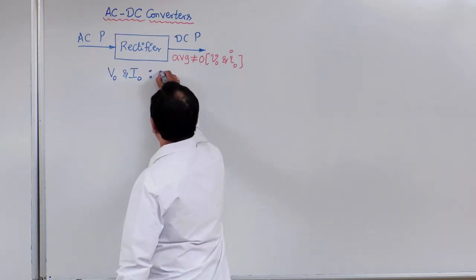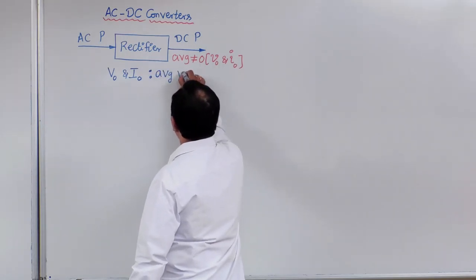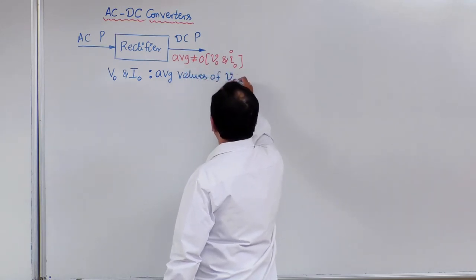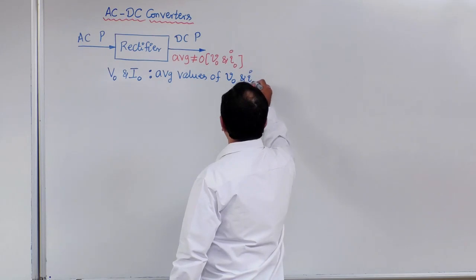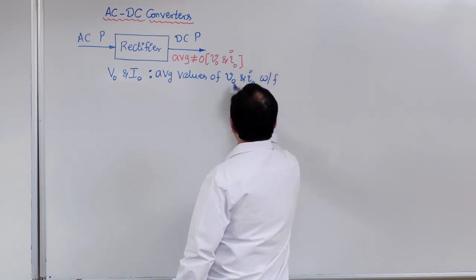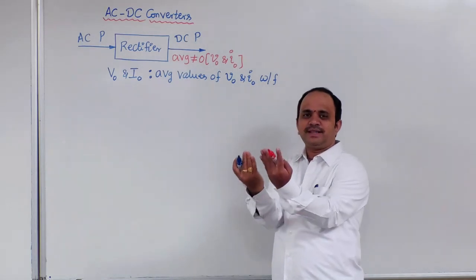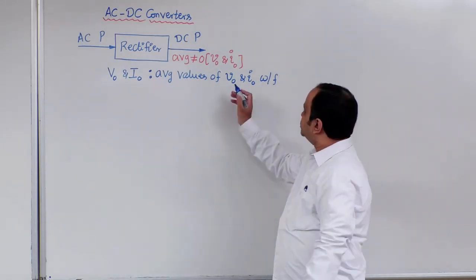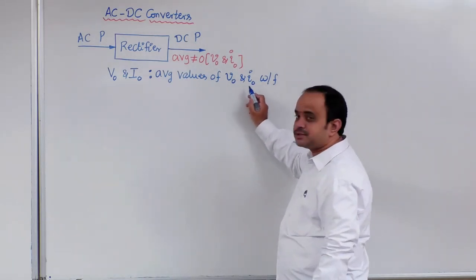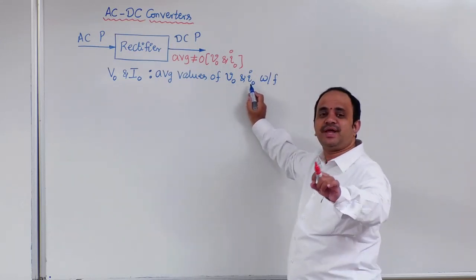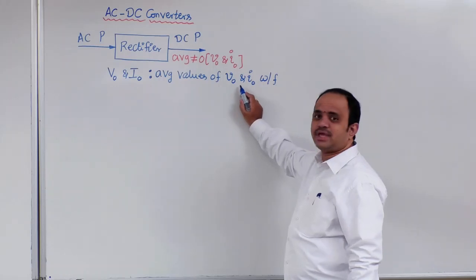Let me write this down clearly: average values of V0 and I0 waveforms. You need to write it down this way. If you are only looking at the notes, you will not get that practice. Small v0 and small i0 are used to represent instantaneous values of the given function.